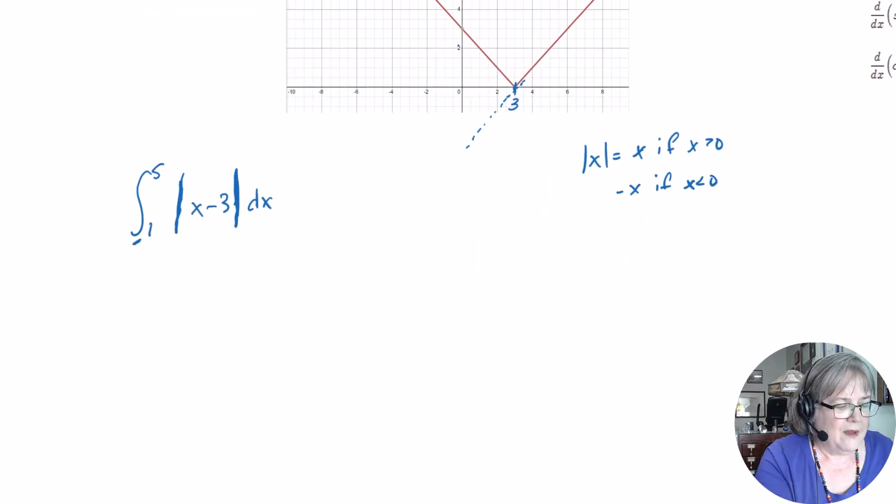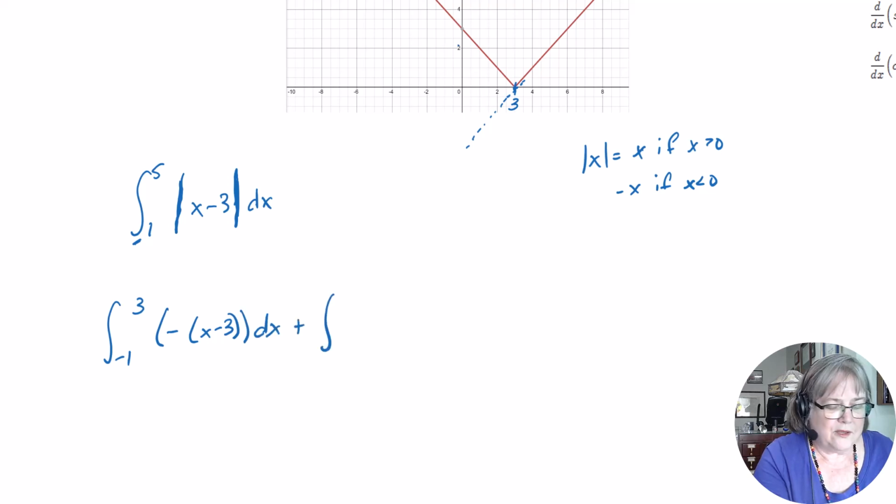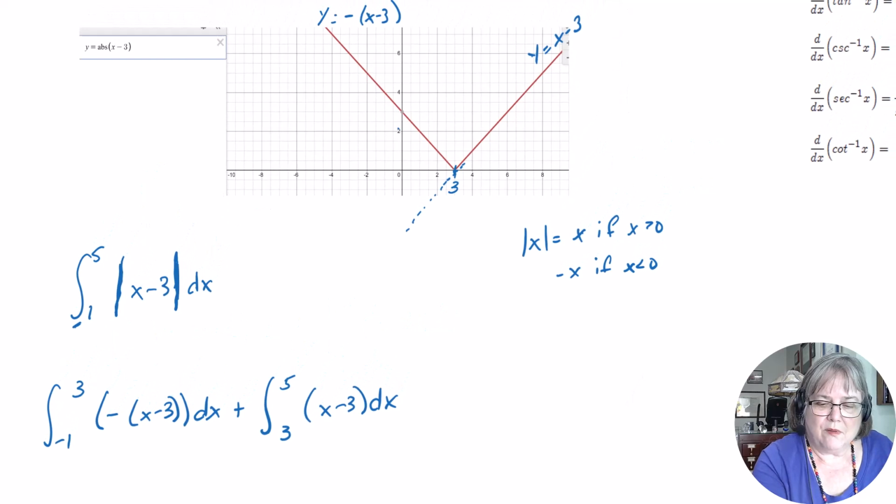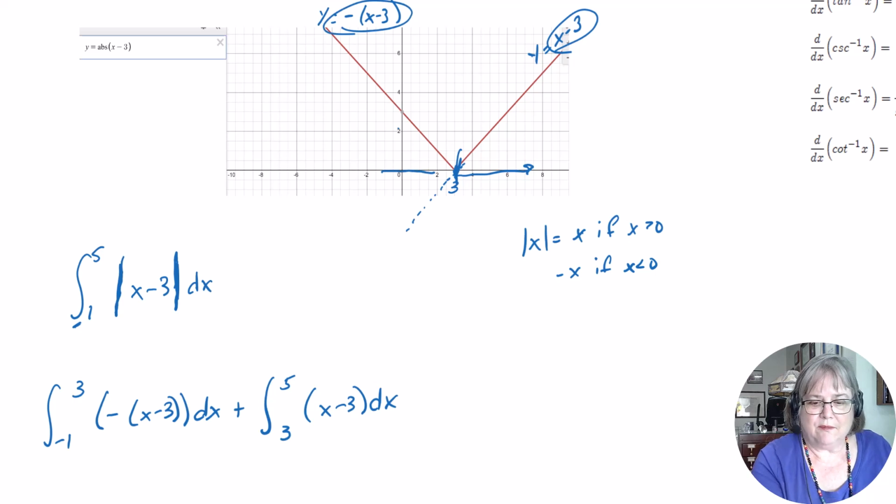So you would have the section from -1 to 3 of the negative of x minus 3 dx, and then the section from 3 to 5 of x minus 3 dx. From 3 to 5 is this section, and I only want to go from -1 to here for this section.